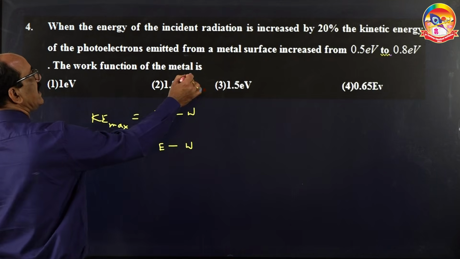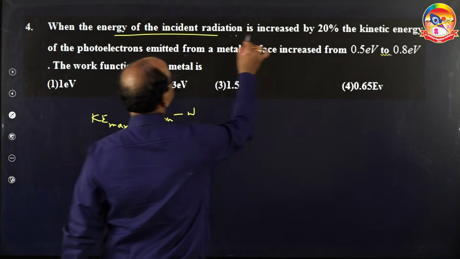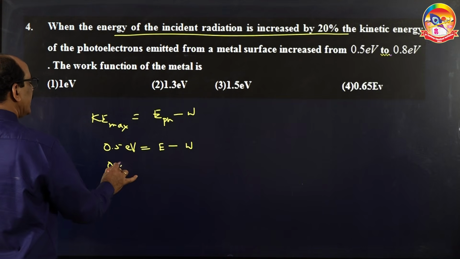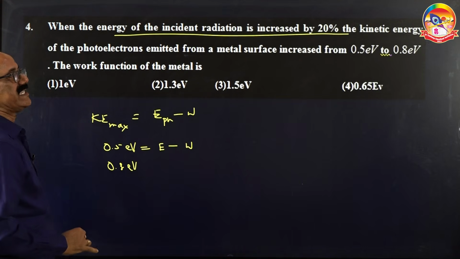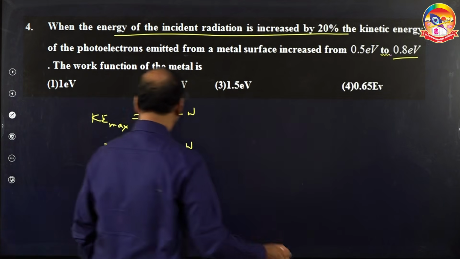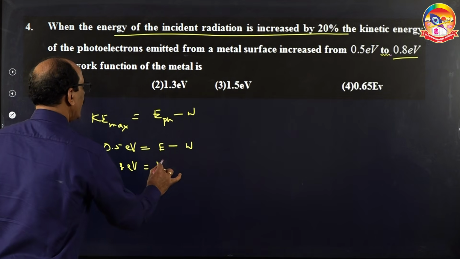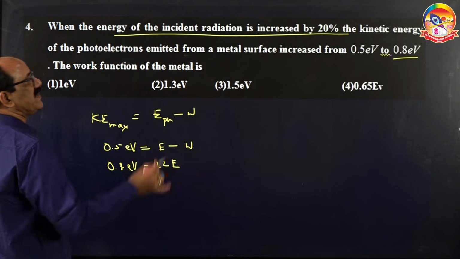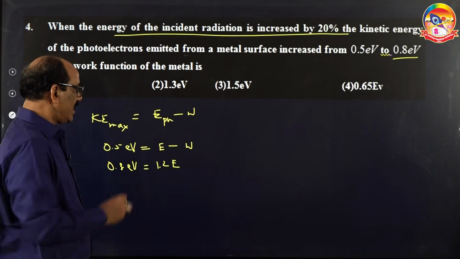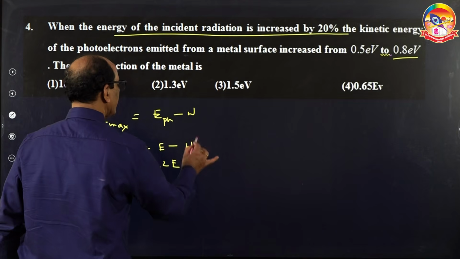Later we increased the energy of the incident photon by 20%. Therefore, in that case the maximum kinetic energy has become 0.8 electron volt as given. That is equal to 1.2 E, since it is increased by 20%. If it was E earlier, it is 1.2 E minus work function.